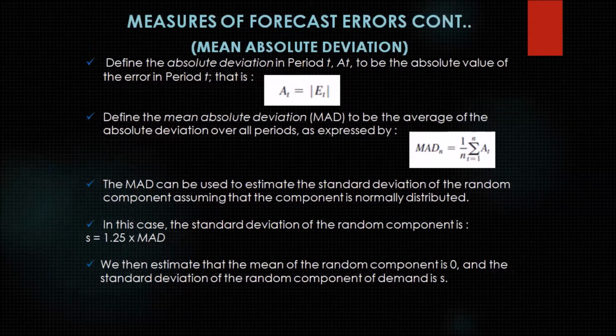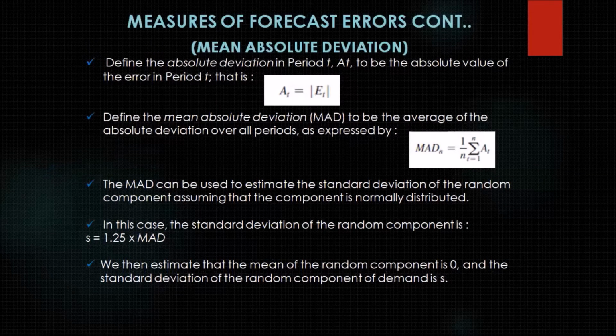So as we can see here, we define the absolute deviation in period T, AT, to be the absolute value of the error in period T, that is AT equals the absolute value of ET, the equation we stated. Define the mean absolute deviation, or MAD, to be the average of the absolute deviation over all periods, as expressed by MAD equals the equation that we stated.